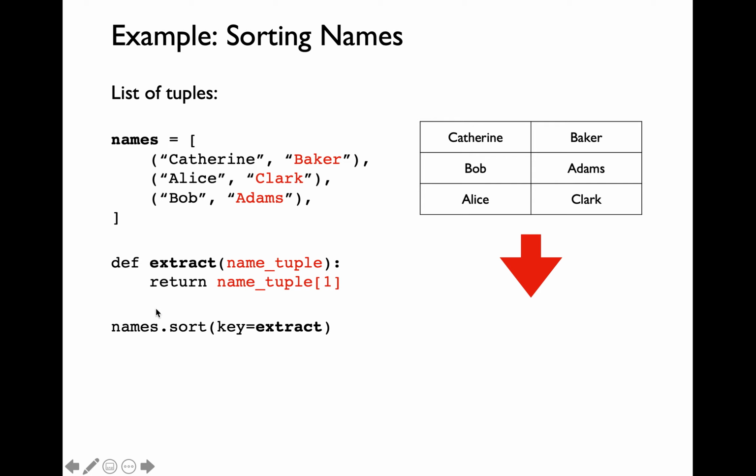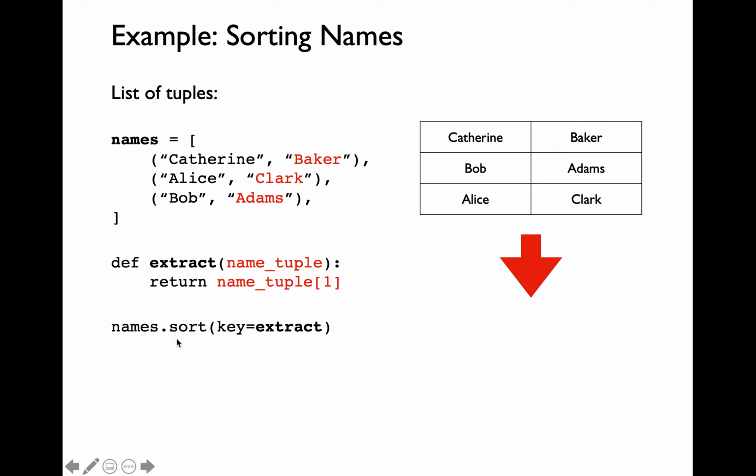So within this particular extract function, you're only going to worry about one of the items within the original list of items. What are we returning from the extract function? We are returning the item at index position 1 as part of the variable name_tuple. So that's going to be the last name value here.